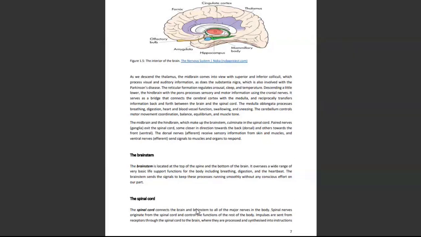So it acts as a bridge connecting the brain and the brainstem. The question is, because the spinal cord is a bone, how does the information move from the brain to the spinal cord? Does the information move through the bone? No, it does not move through the bone.